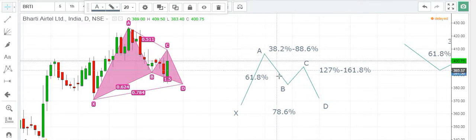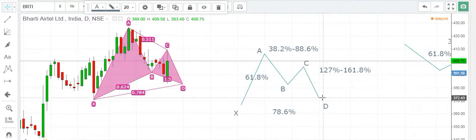You take the Fibonacci retracement of A to B, which should give you point C. Point C should lie between 38.2% and 88.6%. Then you take the Fibonacci extension of B to C, and you get point D. D should lie between 127% and 161.8%, and you double check point D by taking the Fibonacci retracement of X to A. Point D should be roughly around 78.6% retracement of X to A.